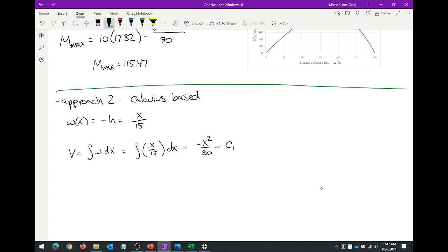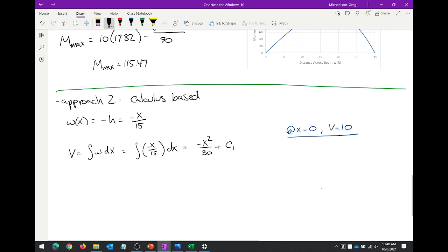Now, how do I determine that C1? A mathematician would say you need a boundary condition. Well, what is the boundary condition? I propose that at x equals 0, v equals 10. Isn't that what you told me up here? That's what you told me, right? So, what do we got?